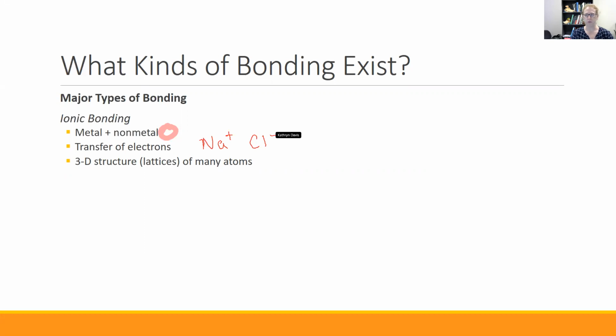One thing that we do is we make what are called Lewis structures, where we use dots to show the number of valence electrons. Sodium, if you look on the periodic table, has one valence electron, so we put one dot next to it. On the other hand, chlorine has 7, so we put 1, 2, 3, 4, 5, 6, 7. These are our neutral versions.